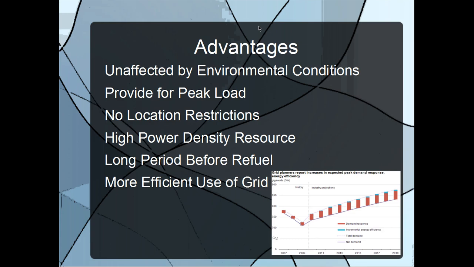Also, since the design is independent of external conditions, the output can be utilized to support all grid conditions to include peak need. The added benefit of the modular design of these reactors is they can be scaled to provide the most efficient fit for fluctuating grids. This scalability and independence allows for the reactors to be installed in any environment type and support isolated communities or facilities.